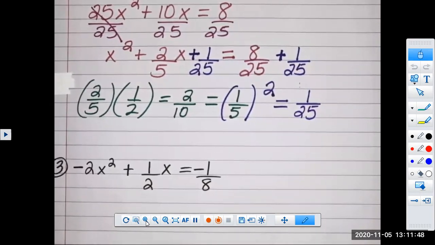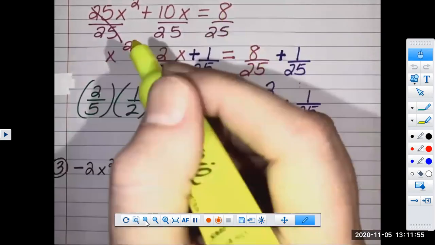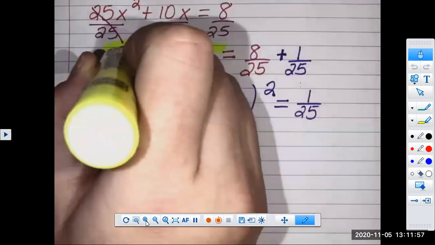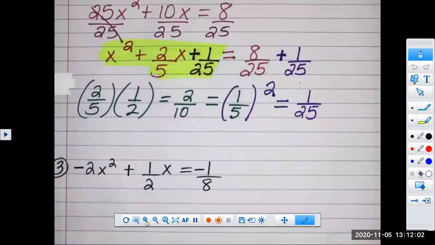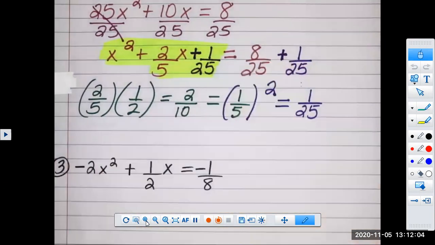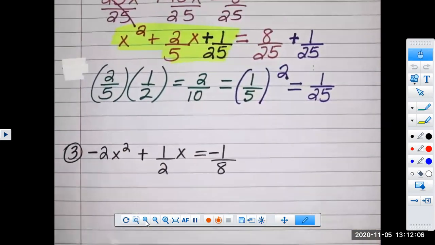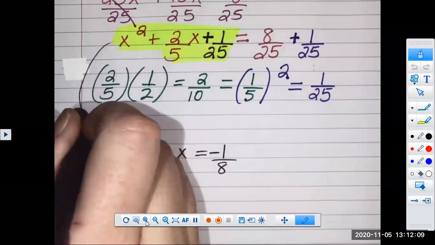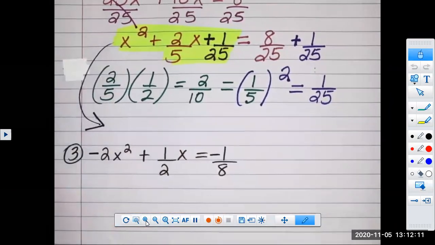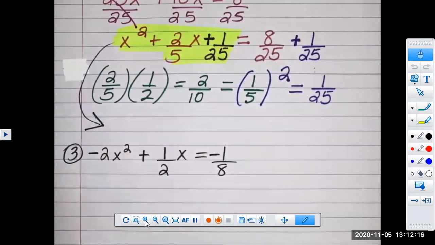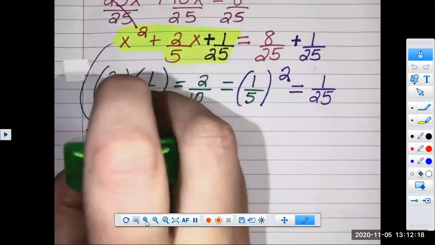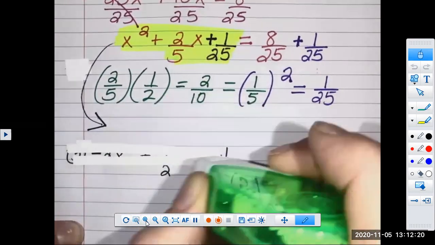All right, we just did step 2. So step 3, we have to factor this. So factor your perfect square trinomial that you have. And then we'll combine like terms on the right side. Tell me what that will factor into.